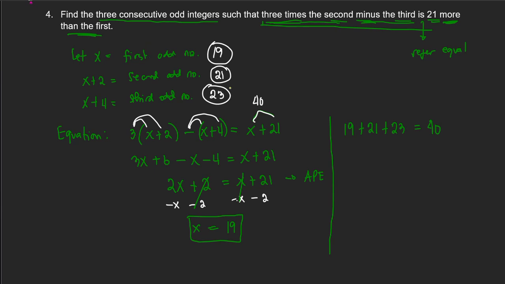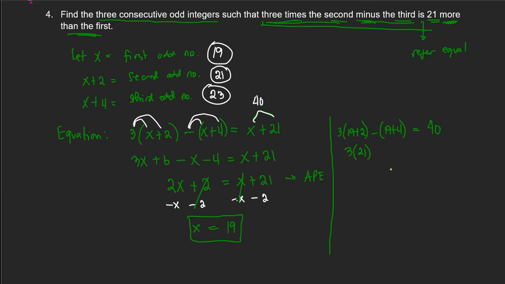You have to follow the formula. So we have 3x plus 9, so that is equal to 3 times 19 plus 2 minus 19 plus 4 is equal to 40. Kasi 19 plus 21, that is 40. So we have 3. You add first yung nasa loob ng parenthesis natin, that is equal to 21 minus yung number na nasa loob ng parenthesis.